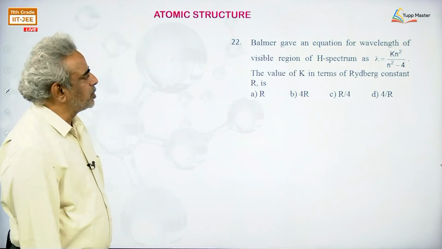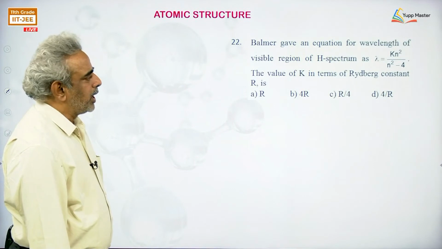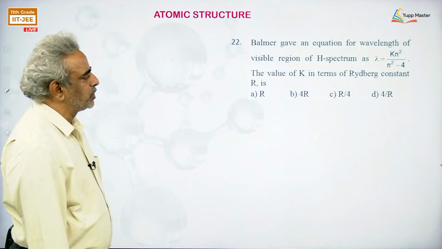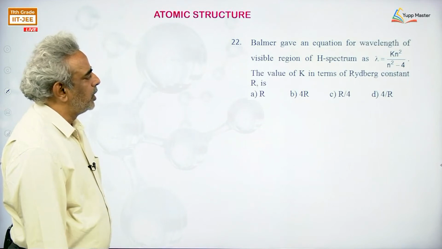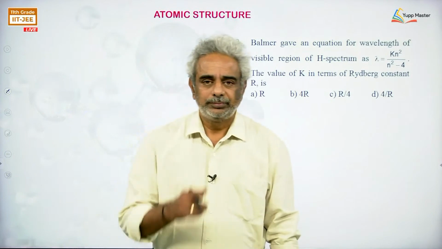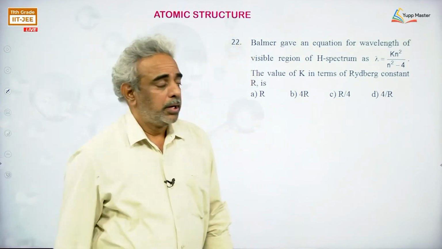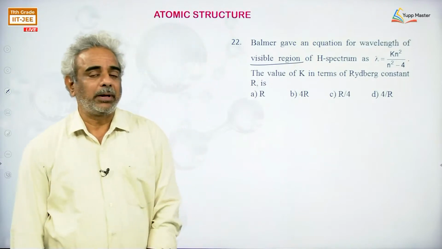Balmer gave an equation for wavelength of a visible region of H spectrum. Lambda is equal to k n square by n square minus 4. The value of k in terms of Rydberg constant R is? Very good question. He is speaking about visible spectrum.